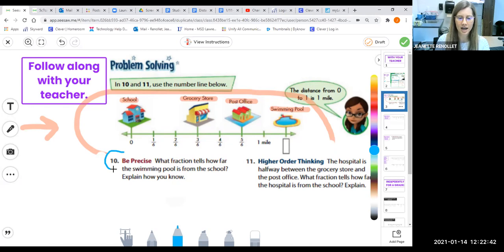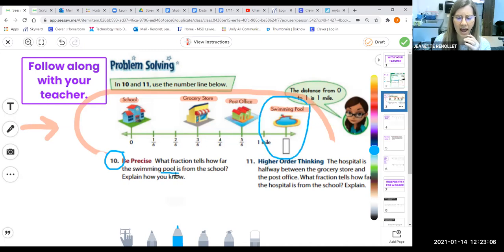Starting on problem 10. What fraction tells how far the swimming pool is from the school? Explain how you know. Okay, so let's look at our model. So here's the pool.